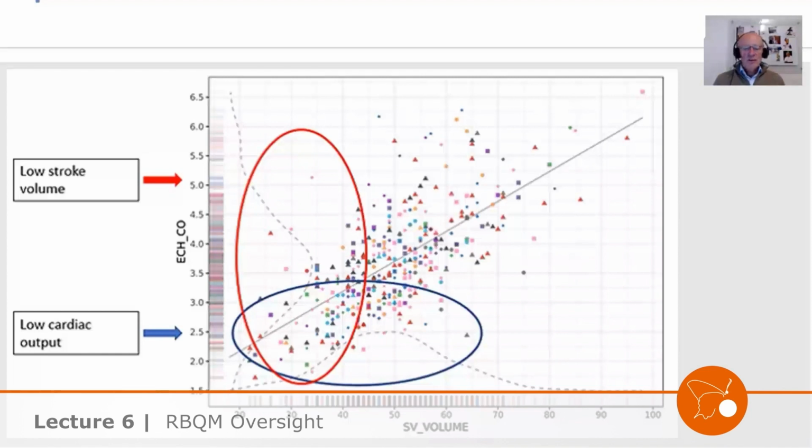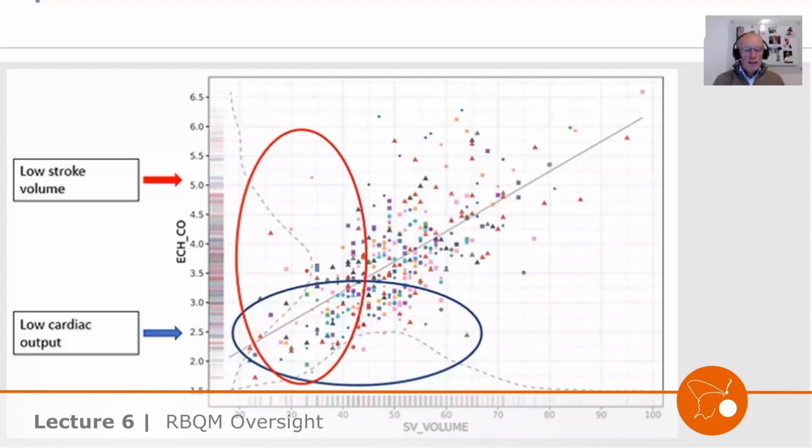But what you see here, for instance, is there are several cases where you have a low cardiac output, covered by the blue circle, and by the red circle or ellipse, you have the low stroke volume. Sometimes you have really low stroke volumes of around 20 milliliters, 25 milliliters per stroke.